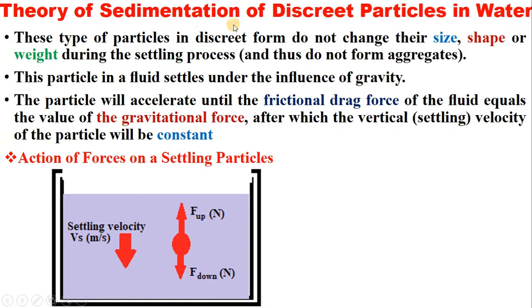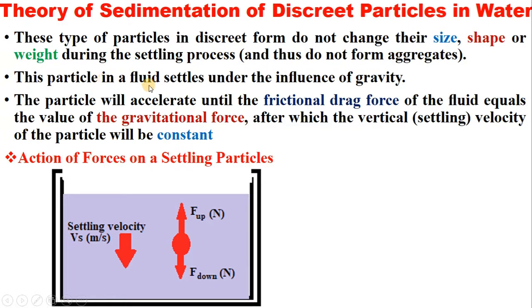Now, theory of sedimentation of discrete particles in water. These types of particles in discrete form do not change their size, shape, or weight during the settling process, and thus do not form aggregates.